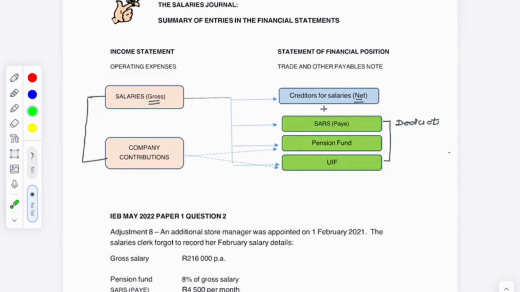But we've also got these company contributions. The company is contributing to the pension fund, it's contributing to the UIF. So this is an additional expense to the company. They're paying these additional costs on behalf of the employee. So we've got these contributions as well.